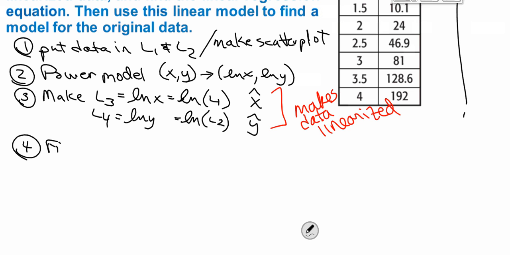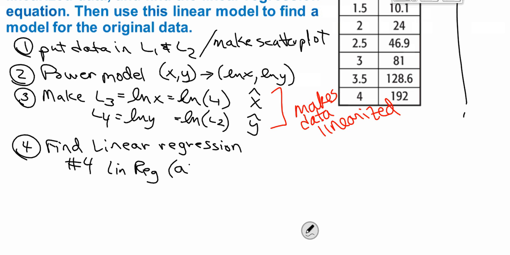So I have to find linear regression. And I'm going to use number 4, which is linear regression ax plus b. And that LIN means linear, not logarithm of.